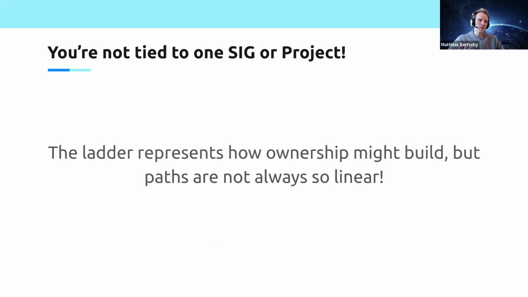So I know this ladder might seem the one true path in contributing, but there is no single path for your contributor journey. Most contributors end up contributing in multiple areas of the project anyway. So you could be an owner in a SIG and at the same time just be a normal contributor in another SIG.